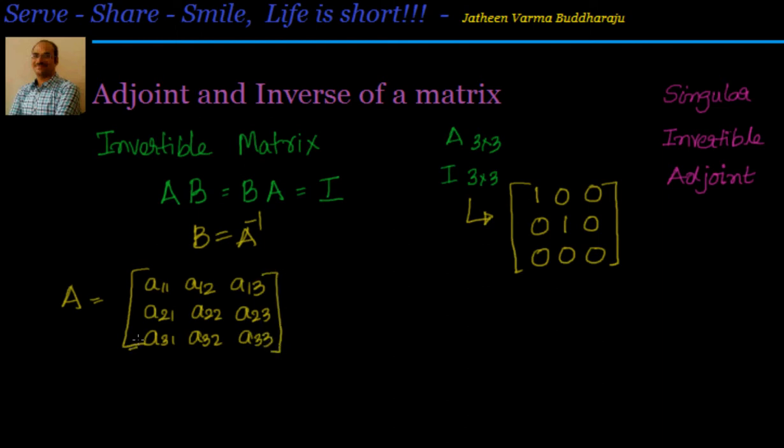So this is the matrix A that we have. Now we have to find a matrix B such that when you multiply it with A, we should get I or a multiple of I.